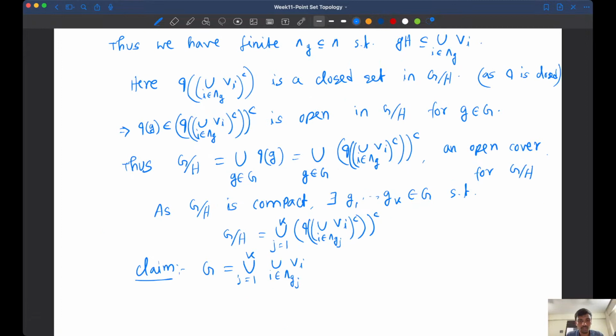So can you say why this is true? This set is already contained inside G, so that's not a problem.